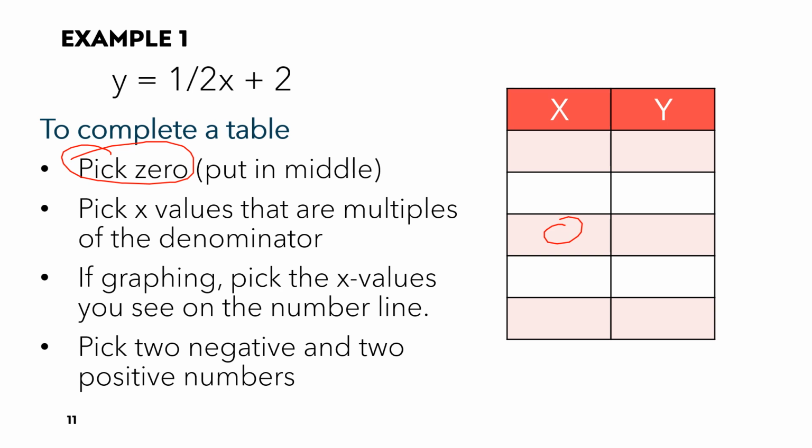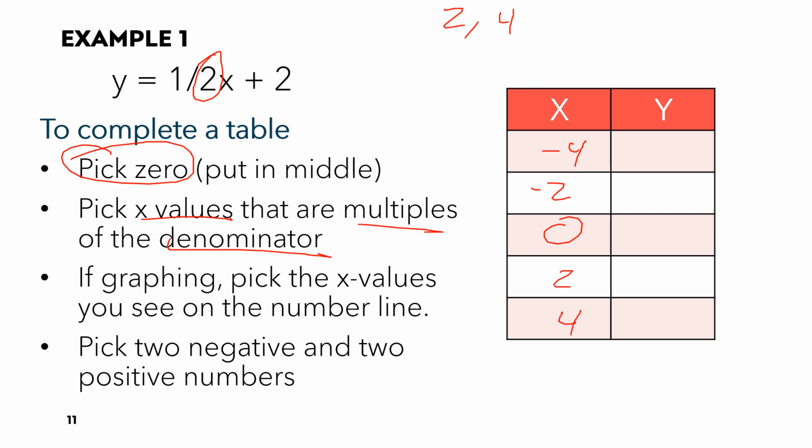And then you want to put x values that are multiples of the denominator. So we got 2 here, and 2 is obviously a multiple of 2, so I would count by 2s. You got 2, 4. And then we're going to want these to be negative because they're below 0. And then we want positive 2 and 4.